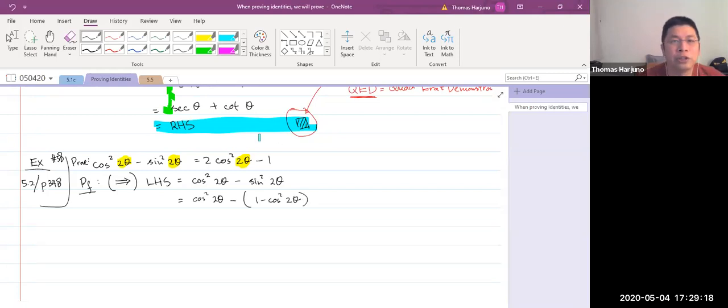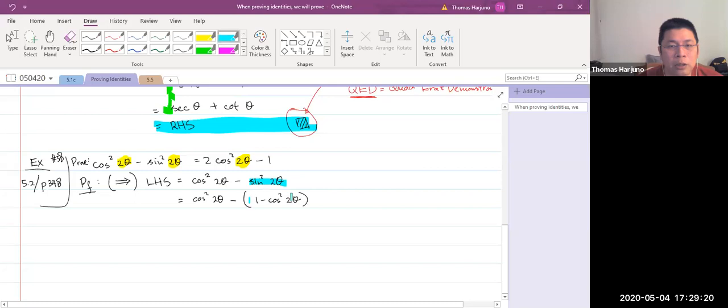So that's the change from here to here. And then I go on further. This is cosine squared 2 theta minus 1 plus cosine squared 2 theta. Combine like terms, so I get 2 cosine squared 2 theta minus 1. Oops, that's what we see on the right hand side.